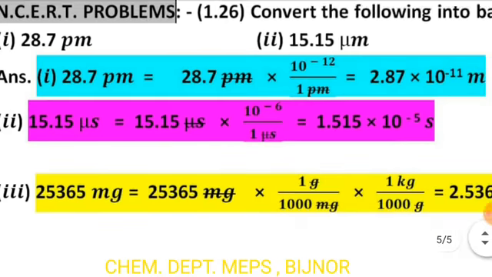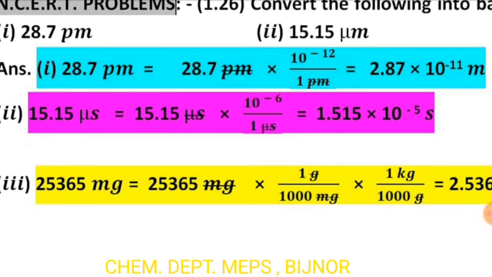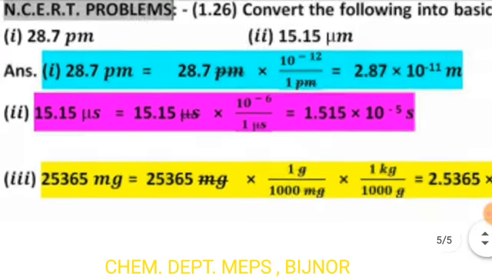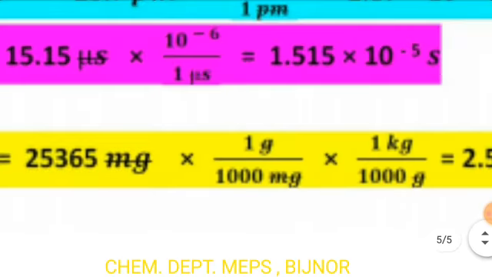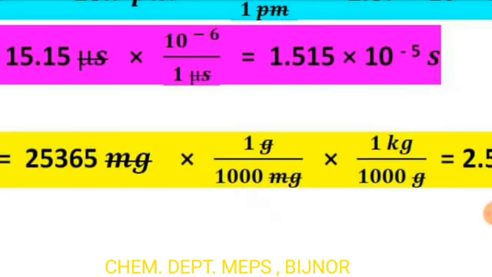In the third case, milligram is converted into the basic unit. First you convert milligram into gram, and then in the second step gram is converted into kilogram. So 25,365 milligram multiplied by 1 gram per 1000 milligram. So 1 gram, the desired value, is put on the upper side, and 1000 milligram is on the denominator side; milligram cancels milligram.